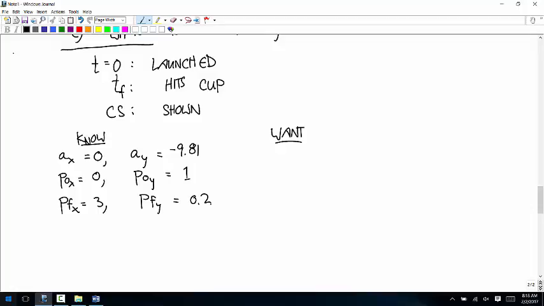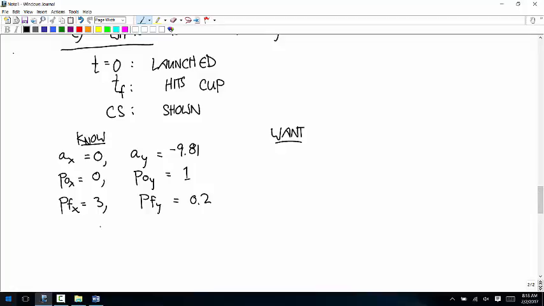Okay, so now we're getting to the velocities. Do we know anything about the velocity at the start? No. We don't know the speed, but we do know the direction.